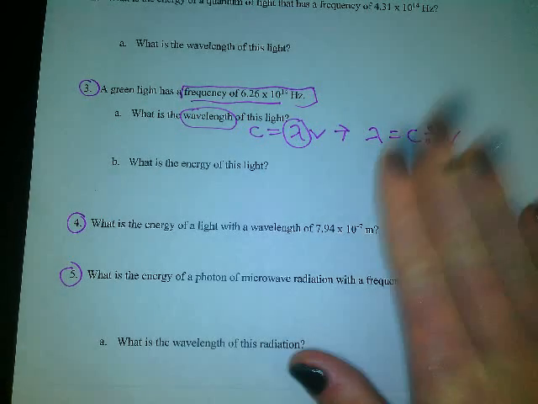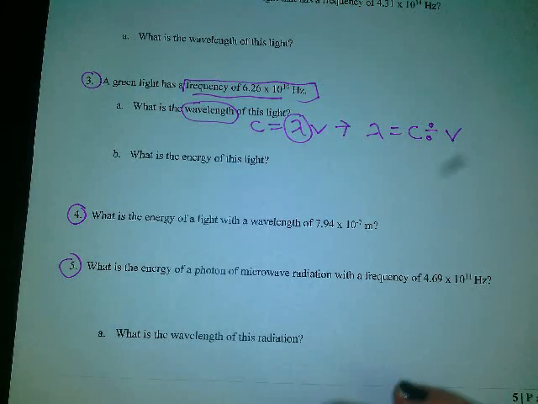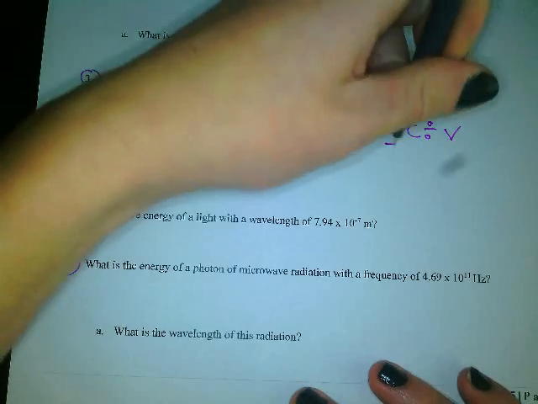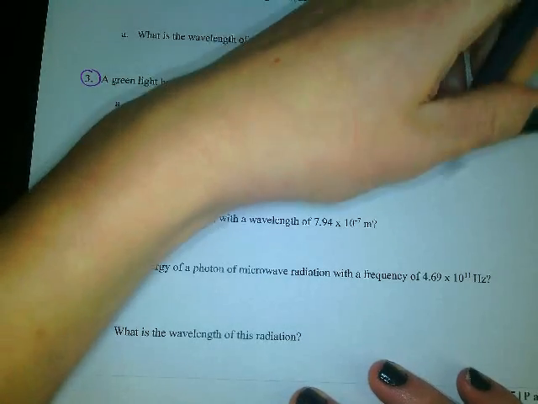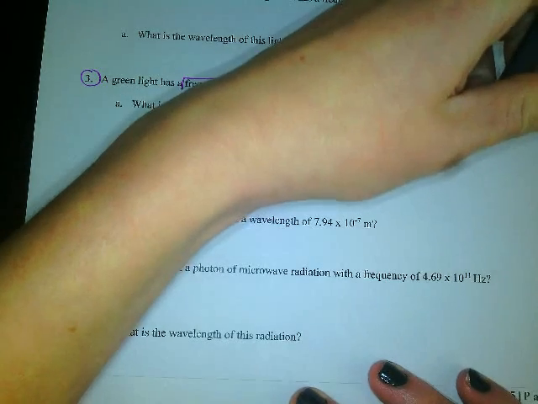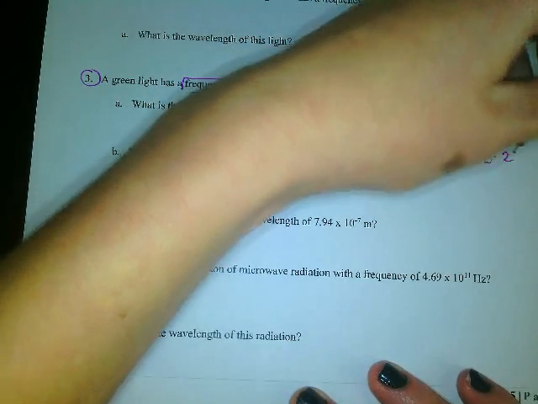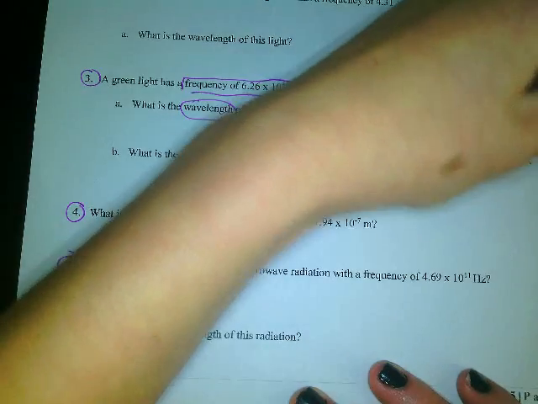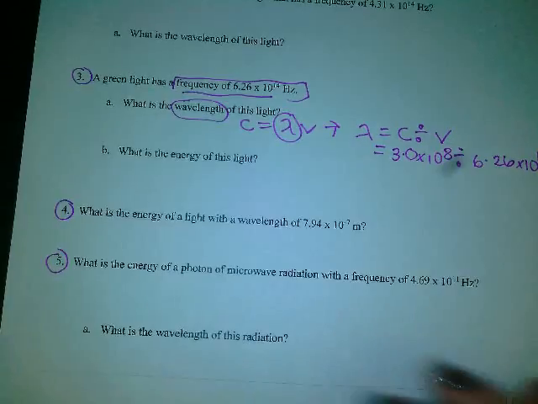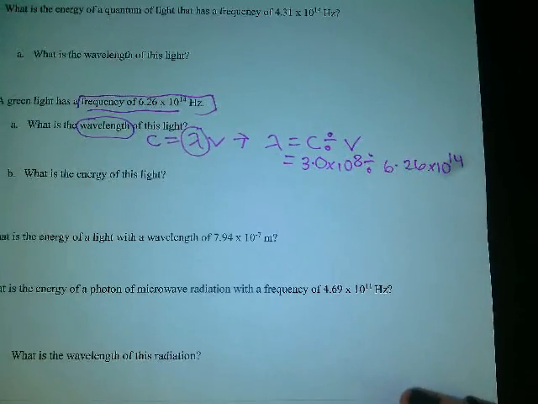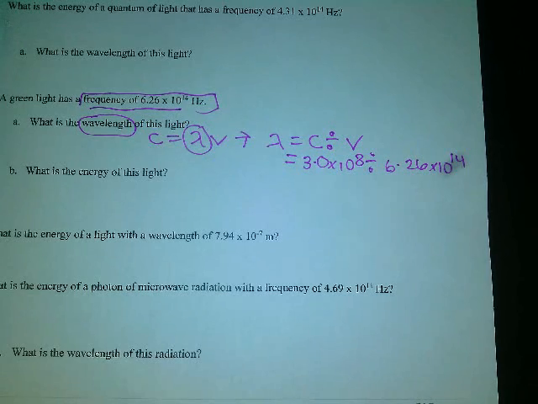Now just quick plug and go. Lambda is equal to 3.0 times 10 to the 8th divided by 6.26 times 10 to the 14th. Let's get that in the calculator.